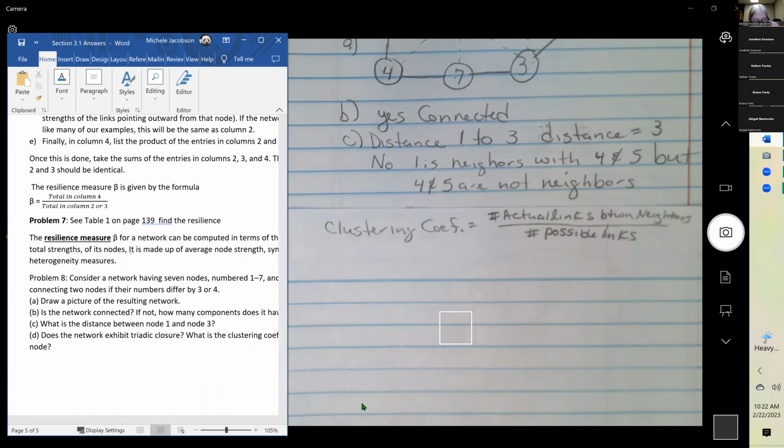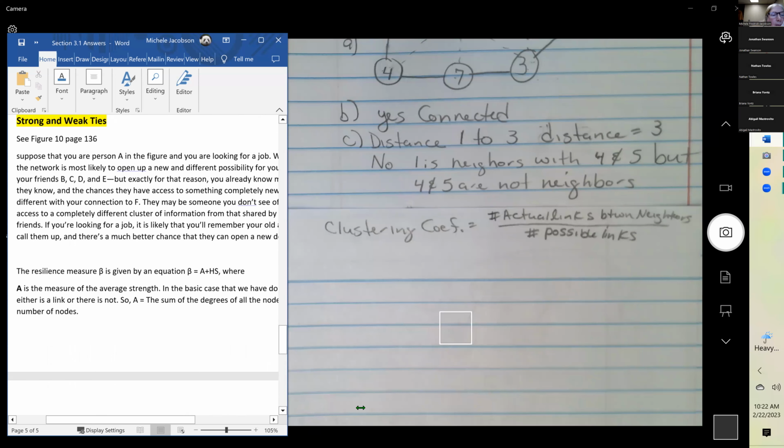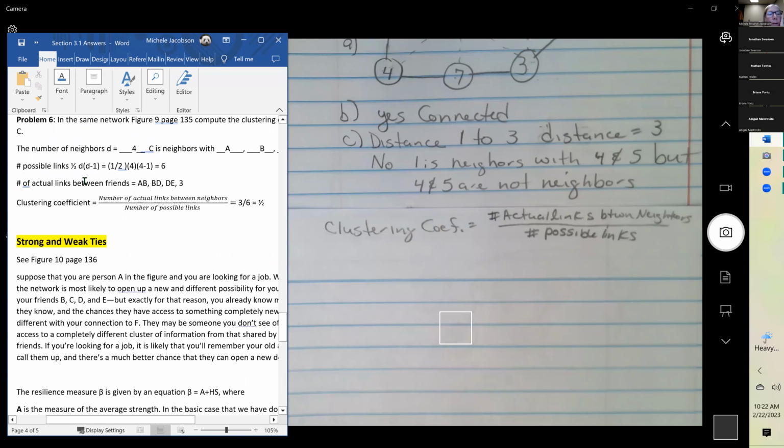Now there's a formula. I think we did that already. Yeah, it was right up here. So the formula for the number of possible links is here. You let D be the number of neighbors, and then you plug it into this formula, and that gives you the possible links.